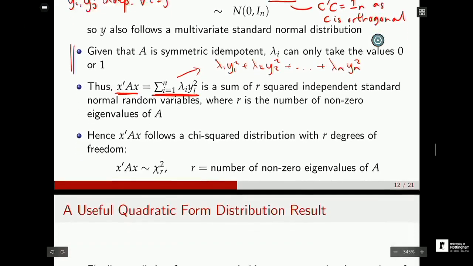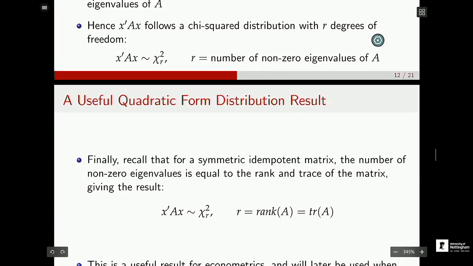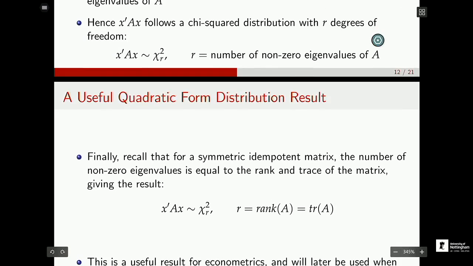Okay. The last little bit then is just to remember that for a symmetric idempotent matrix, the number of non-zero eigenvalues is equal to the rank and the trace of the matrix, which concludes the result.